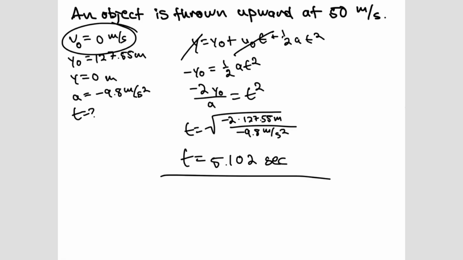Going from the initial height to the maximum height is half of the fall, or launch, and maximum height back down to the initial height is the other half. I think that's enough of that scenario.